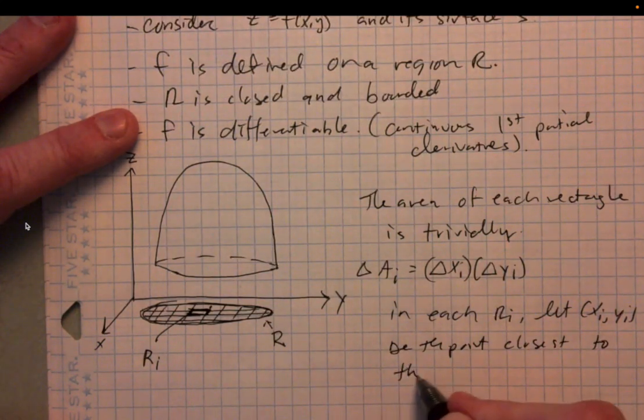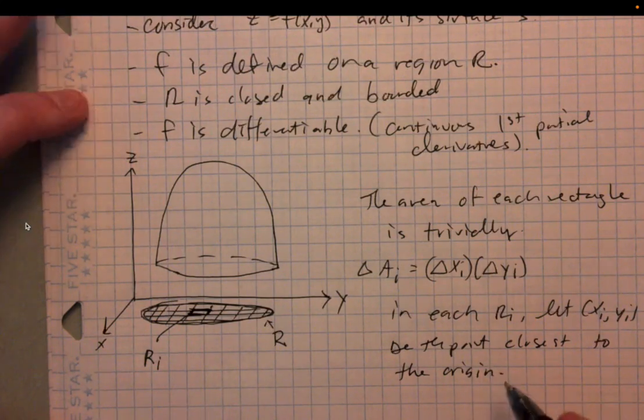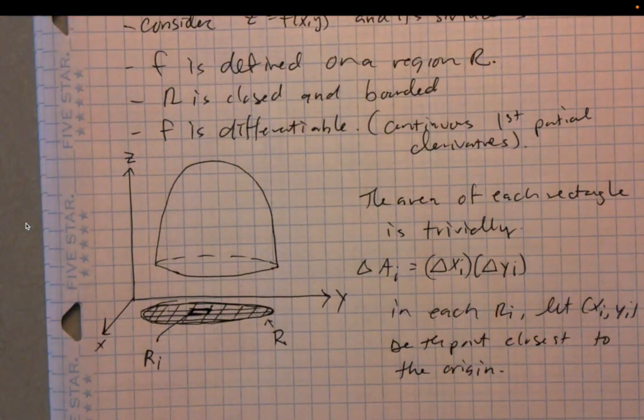It doesn't matter ultimately, but if you have some sense for what defines each (x_i, y_i), it can be helpful. So for each R_i, let (x_i, y_i) be a point in the square, the point nearest the origin.